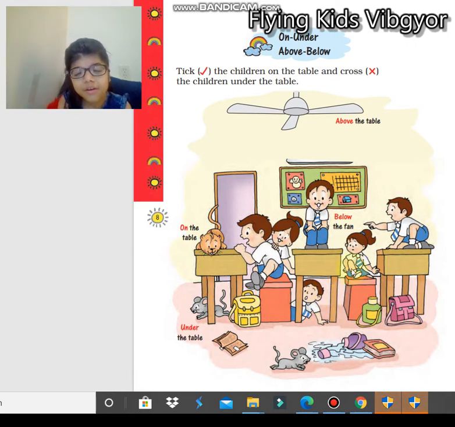Same way here, when we say below the table, below the table means that you are under? No, not that. There is a difference between below and under. Below means that you are below the level of that surface. If we are considering this table as a surface, we say below the table, or below the fan, or below the board, right? So you are on a lower level from that surface, then we use this word below.